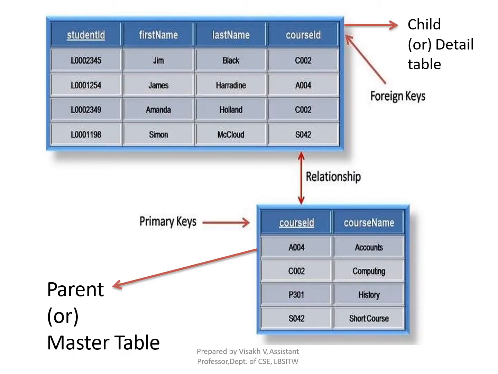I can make you understand with these tables. So we have this child table, and then we have here the parent table. Here you have student ID, first name, last name, and course ID.